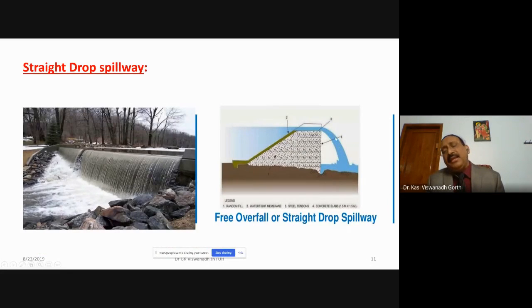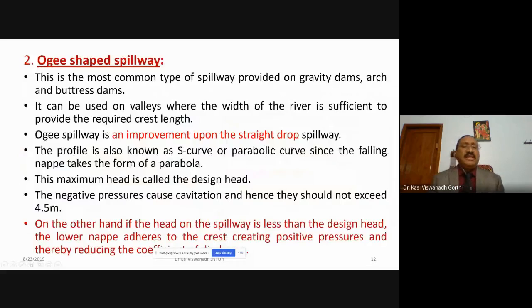This nappe has lower and upper surfaces, and in between there is a gap. In the case of the ogee spillway, all this portion is provided with a solid structure. So you have a parabolic shape for this lower nappe, and the same thing is directly taken as the downstream face of the spillway.